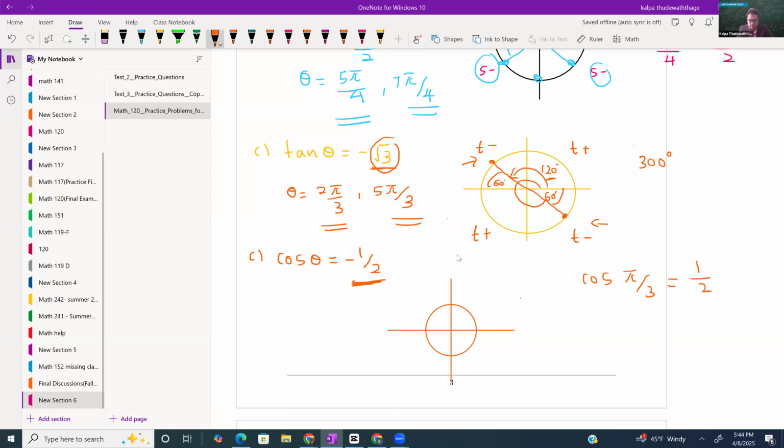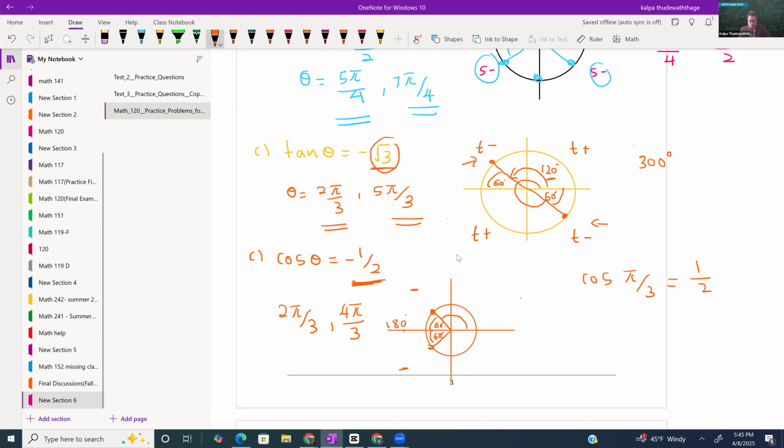Cosine is negative here and here. So that means you go 60 up and 60 down. If you make the reference angle 60, you get those 2 points. This is like 120, which is 2 pi over 3. The other one is 60 more than 180, which is 4 pi over 3.